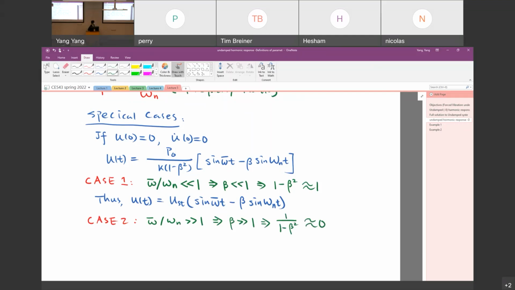So the amplification factor is almost equal to 0. Much larger than 1, so the bottom is close to minus infinity, so approaching 0. So what would be the u(t) in this case? u(t) is equal to 0.